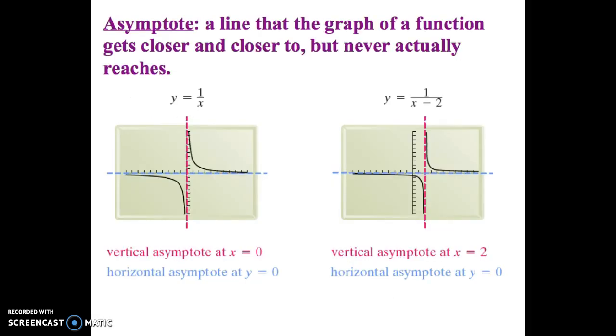Okay, you notice when I said it never hits that y-axis or the x-axis in the last one, those are called asymptotes. An asymptote is a line that the graph of a function gets closer and closer and closer to, but never actually reaches.